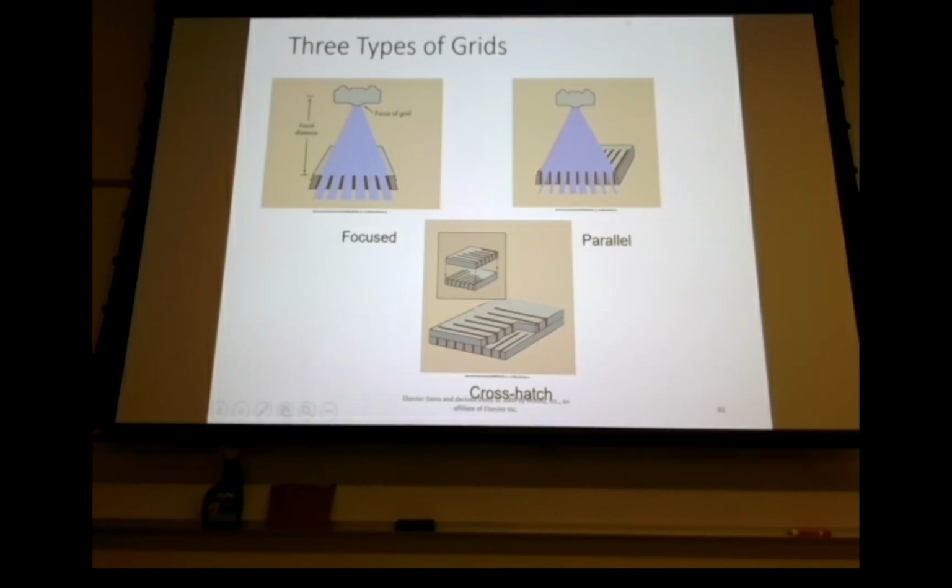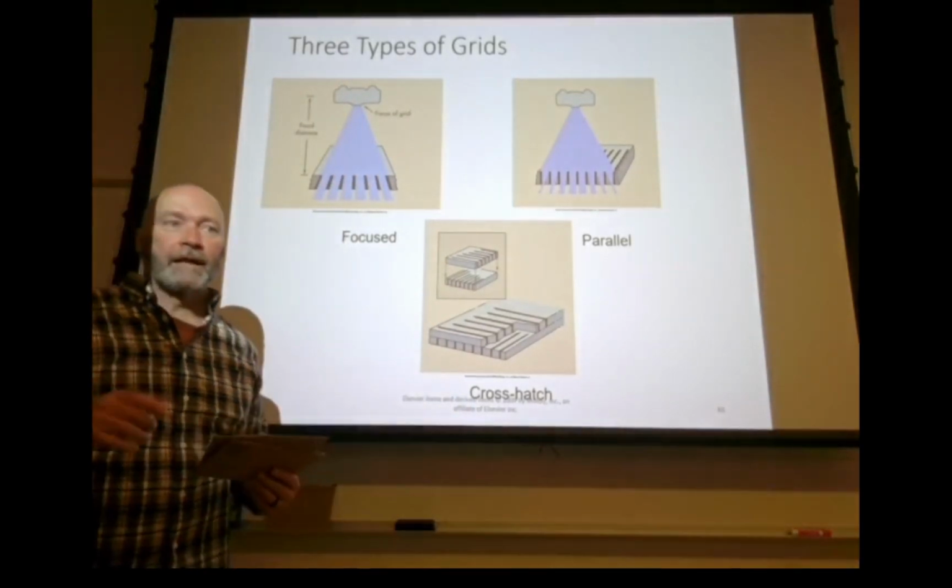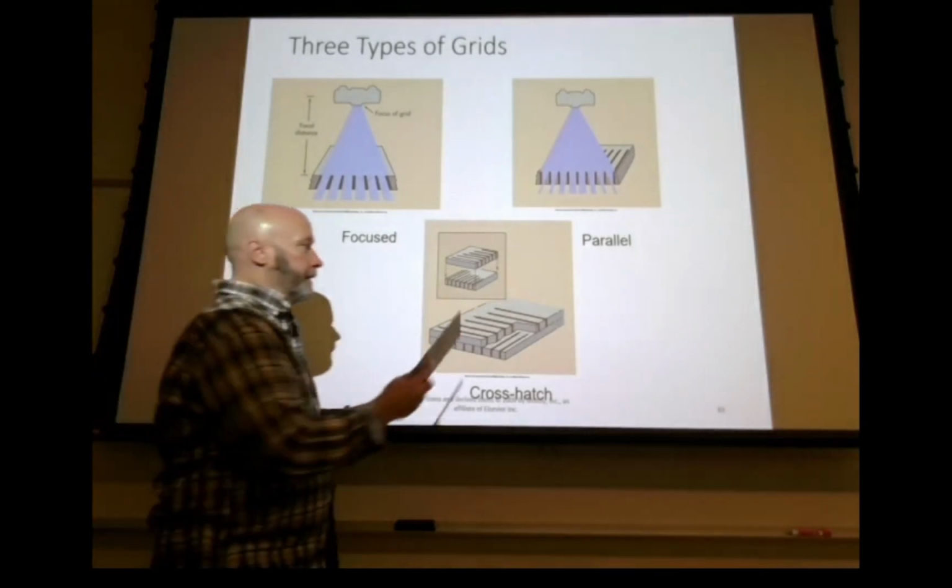Okay, so we talked about parallel. Now we're gonna talk about focused, because the second grid that's coming around is what we refer to as a focus grid. The center of the focus grid is just like a parallel grid, okay?